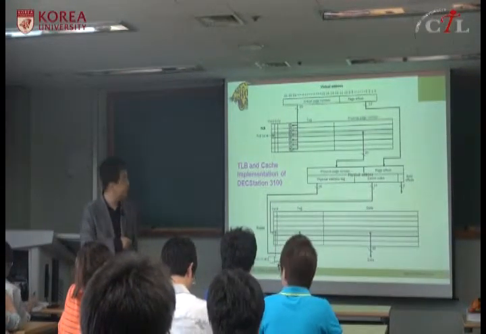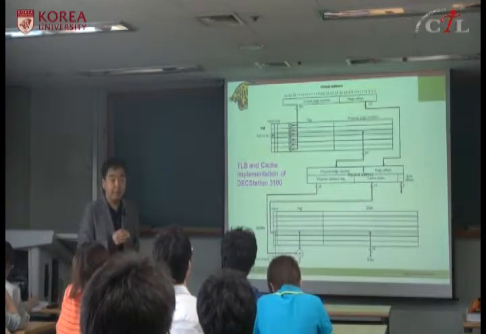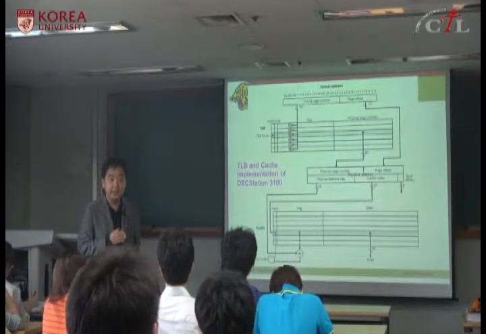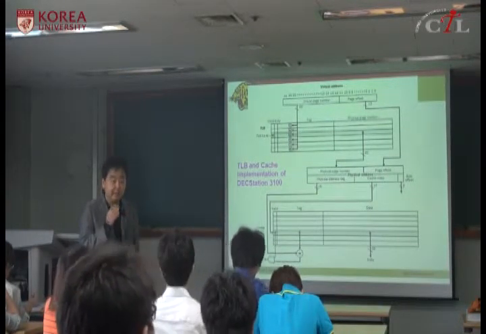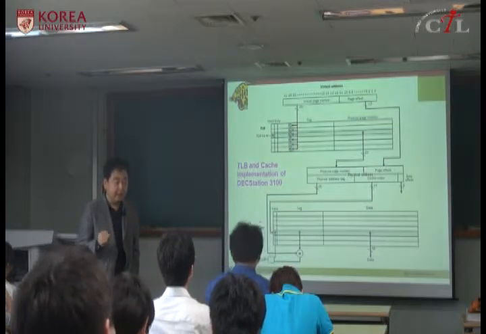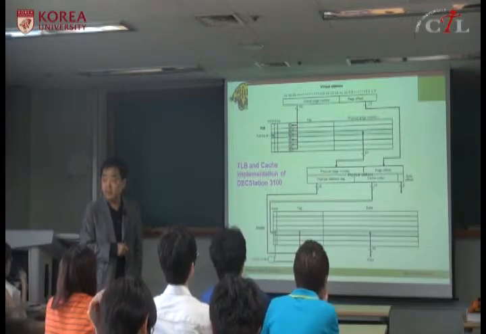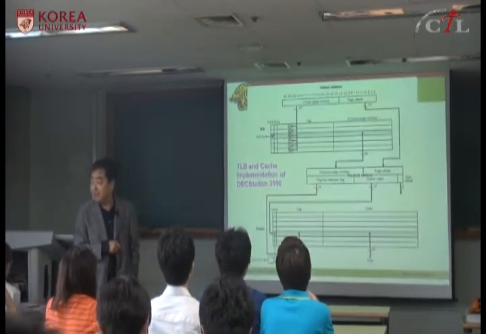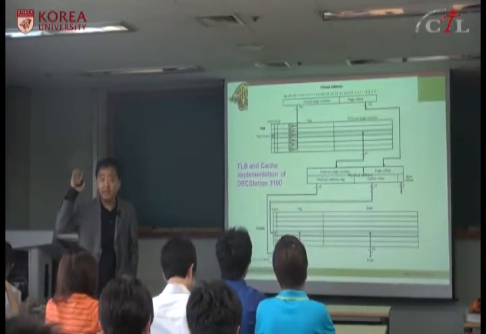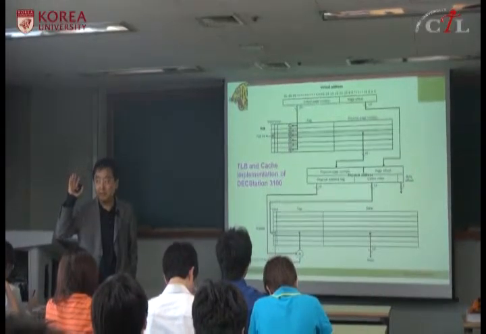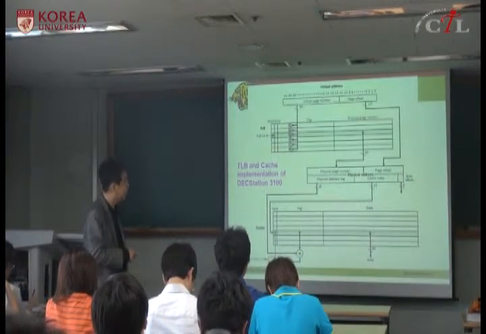You have 2 to the power of 14 sets, which is 16K. 16K sets, and each set has one 4 byte block. So it is a 64 kilobyte direct mapped cache with 4 byte blocks.